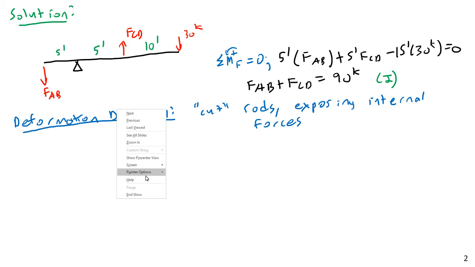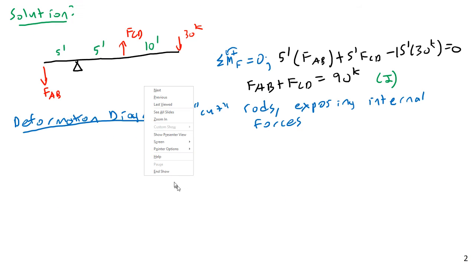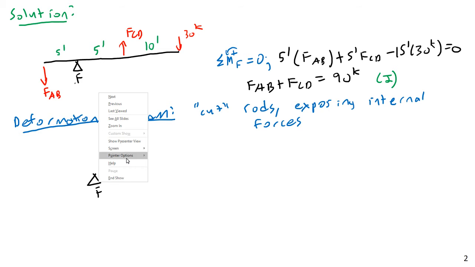Alright, so say I have this pin here. The pin at point, what point is that? That's point F. So I'm going to have that pin at F. And I'm going to draw the greatly exaggerated deformation. So this is F again, and then first I have the original horizontal position here.